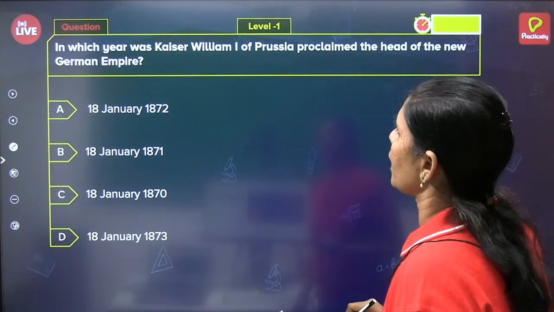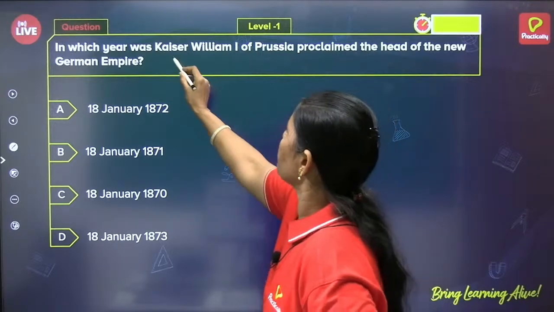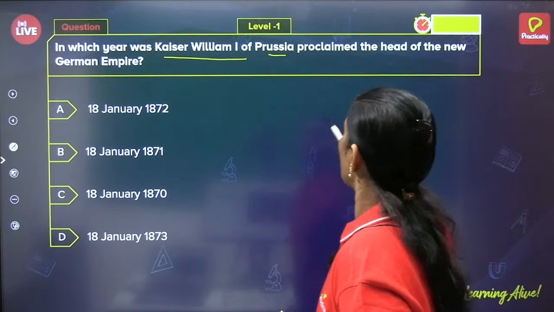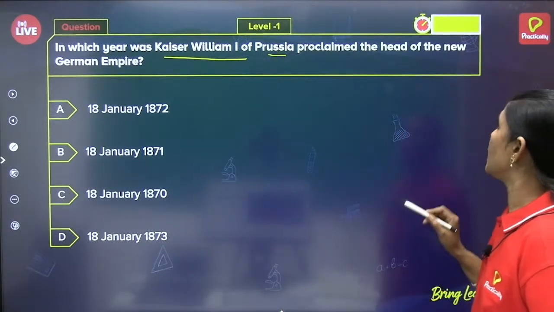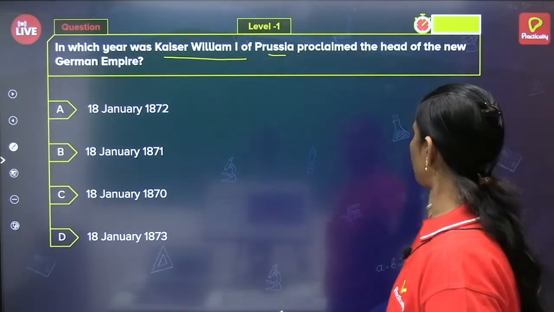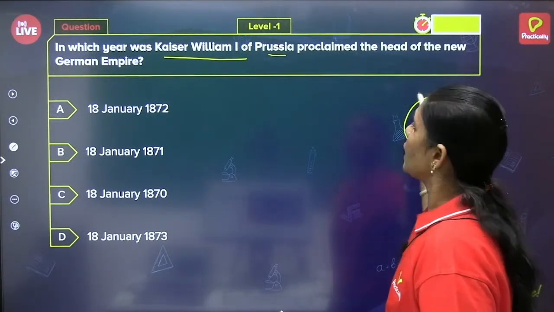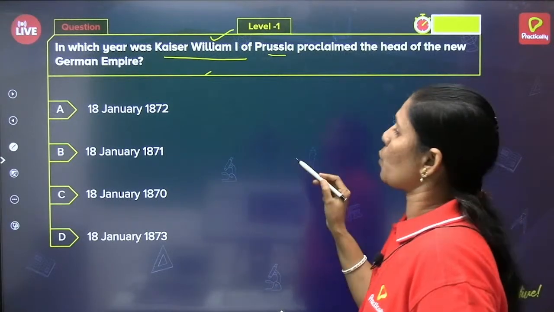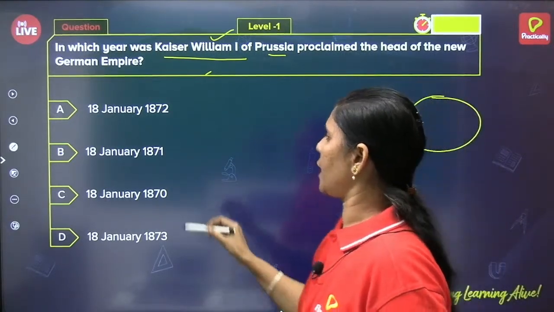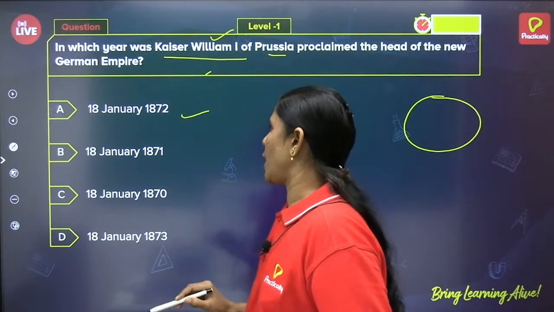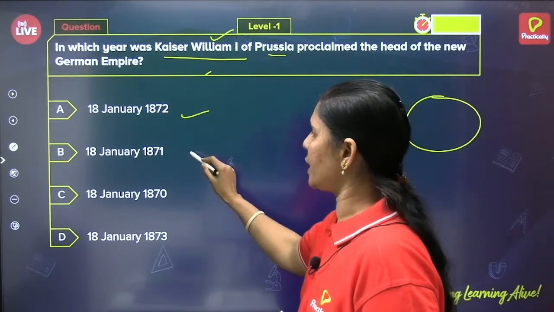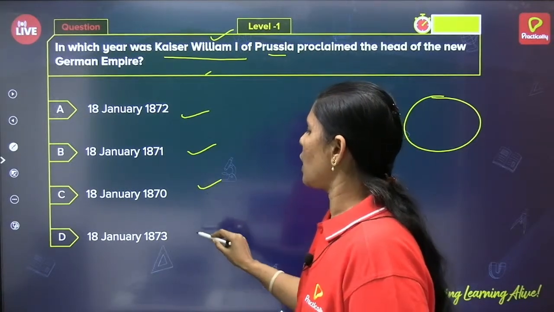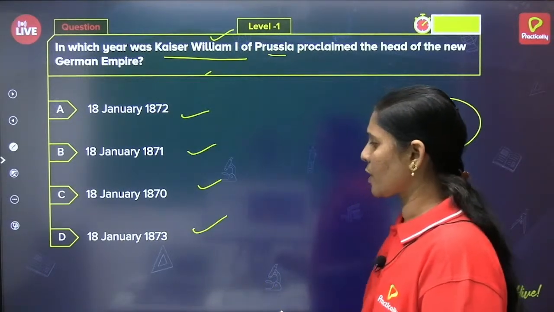Let us have another question here. In which year was Kaiser William proclaimed? See, Kaiser William was a Prussian king, who was proclaimed as the new German emperor after the German unification was done. So when was he proclaimed? 18 January 1872, 18 January 1871, 18 January 1870, or 18 January 1873.